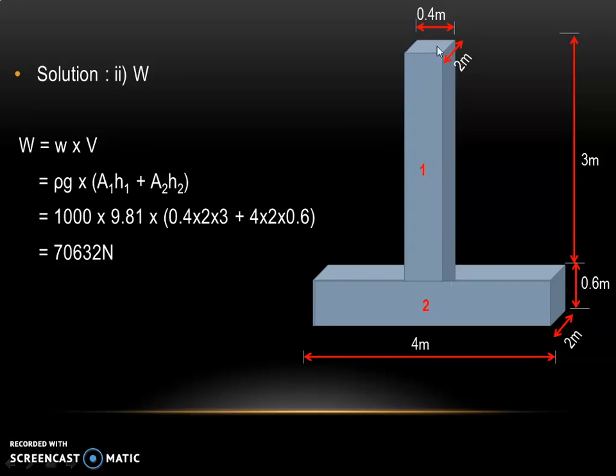A1 will be the area of the first portion, that is 0.4 into 2, as mentioned here, and H1 will be 3 meter for portion 1. Similarly, we find the volume for portion 2. That is again area, 4 into 2, which is the width of the tank, and depth is 0.6. So volume will be 4 into 2 into 0.6. After we calculate this, we get total weight as 70632 Newton.